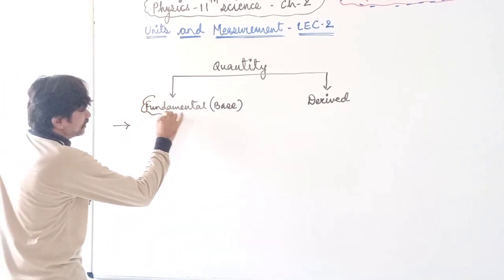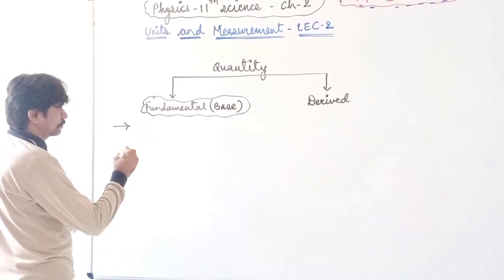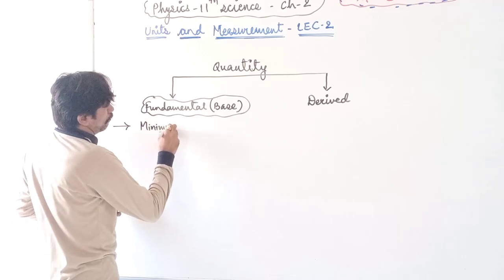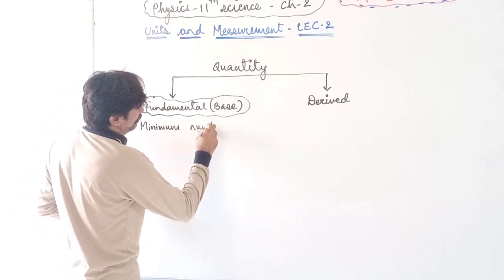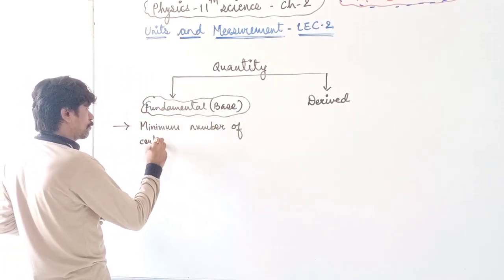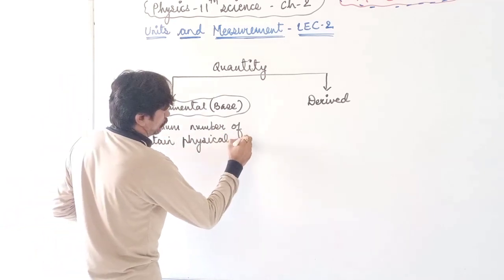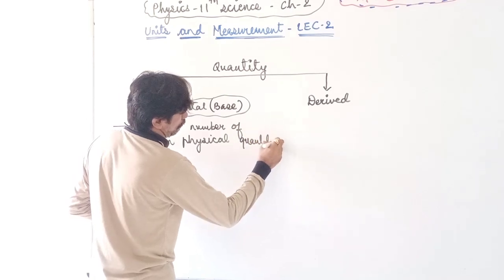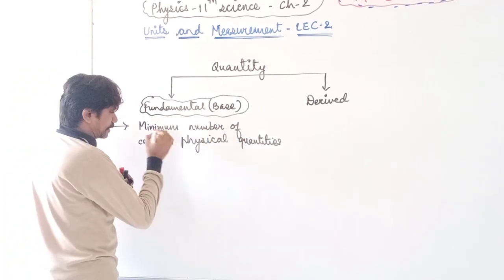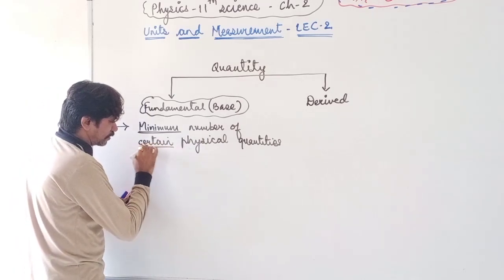Fundamental physical quantities can be defined as, look at this, minimum number of certain physical quantities. Word minimum is important, word certain is important.